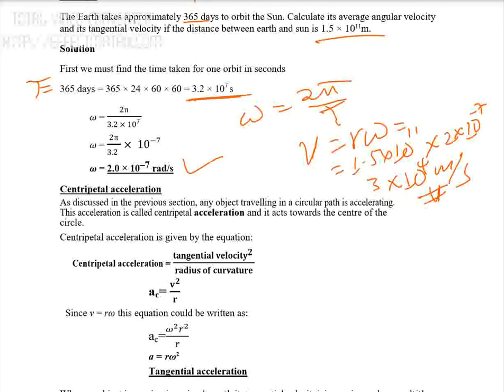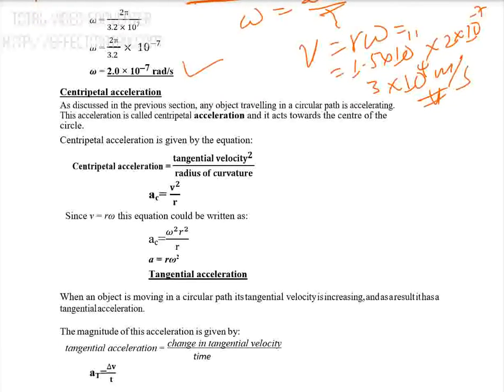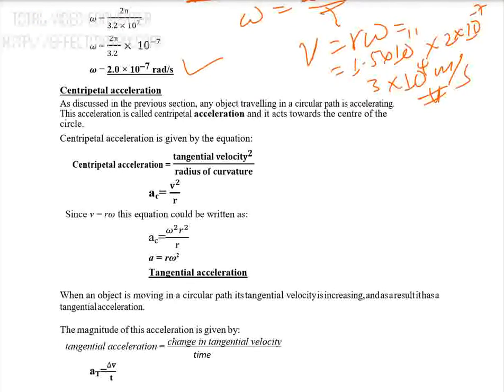The other thing is centripetal acceleration. Centripetal acceleration is an acceleration which always acts toward the center, and it's given by the square of the tangential velocity divided by the radius of curvature.